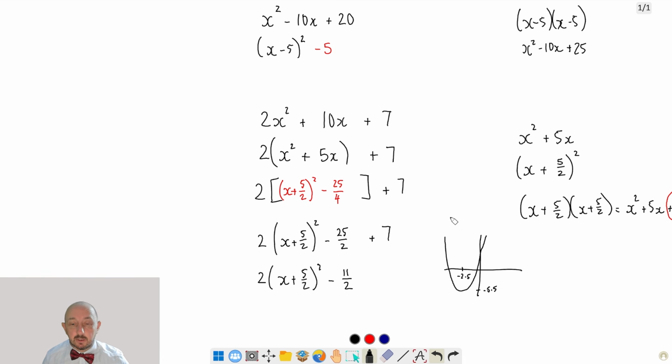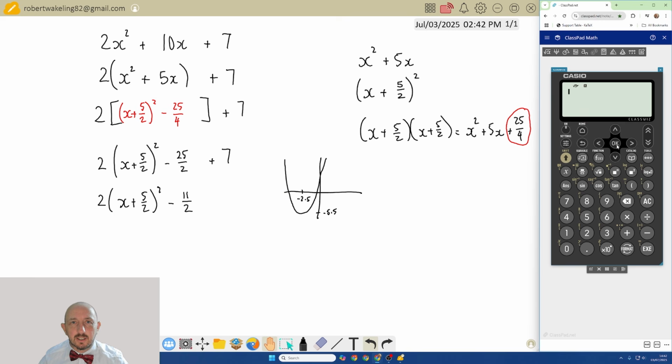Okay. Now, we can use the calculator to check this, so I'm just going to load this up quickly. Okay, so with the calculator loaded up, we're going to go to the equation function and polynomial, which is all of our quadratics, ax squared plus bx plus c. And we can put in the numbers for a, which is 2, 10 for b, and 7 for c. Now, when we solve, we usually want this x1 and x2 values, which would actually correspond to these x-intercepts here.